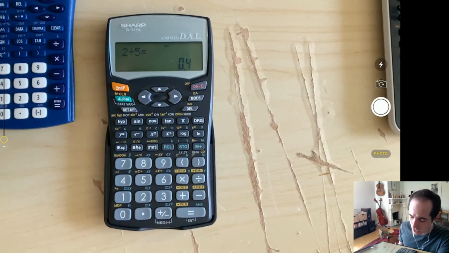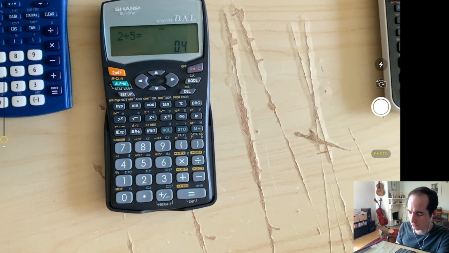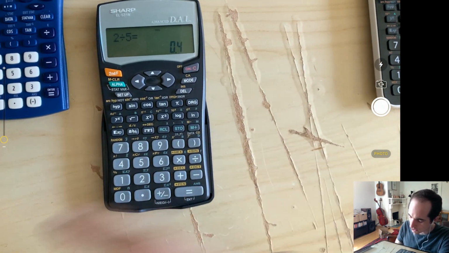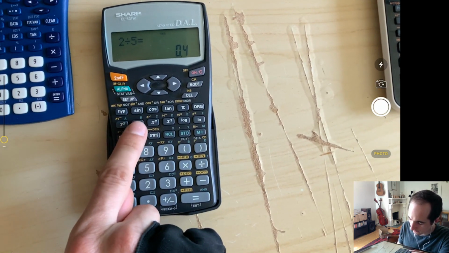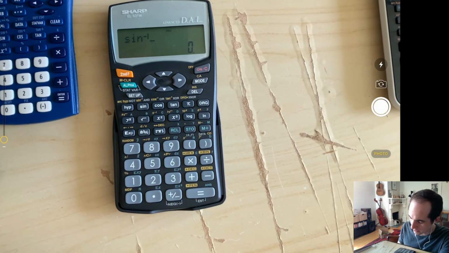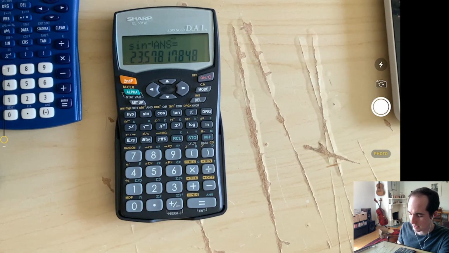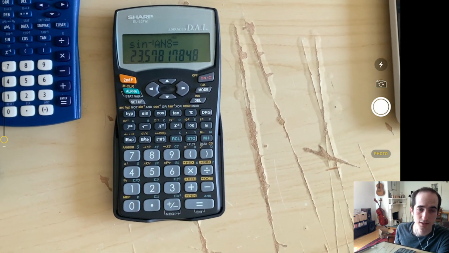So sine of this angle would be 0.4. If I want to undo that, I can hit the second function and then sine inverse of that, and hit answer. So sine inverse of this is 23.5 degrees.